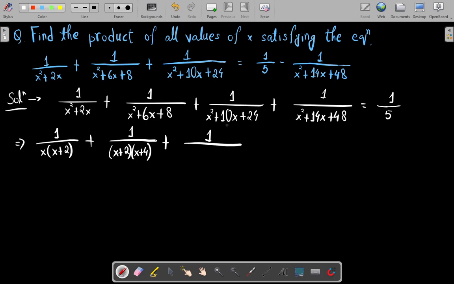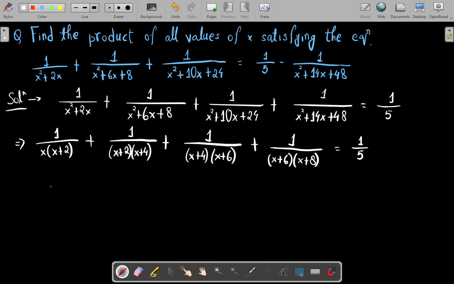Then for the third, the sum is 10 and the product is 24, so this can be written with 4 and 6, so this is x plus 4 times x plus 6. And then we have sum 14 and product 48. 48 is 6 times 8, so this is x plus 6 times x plus 8, and this equals 1 upon 5.